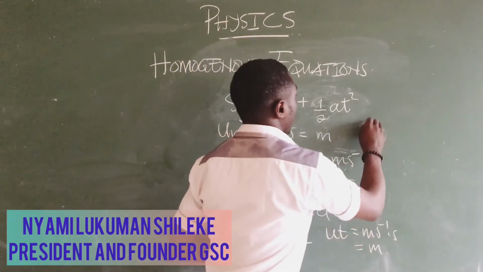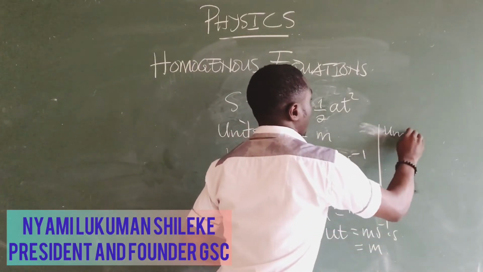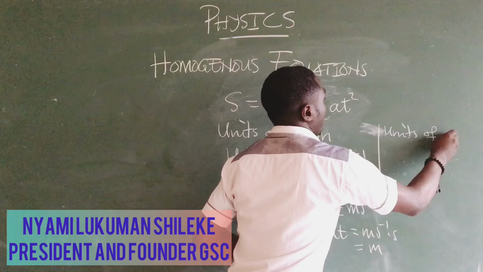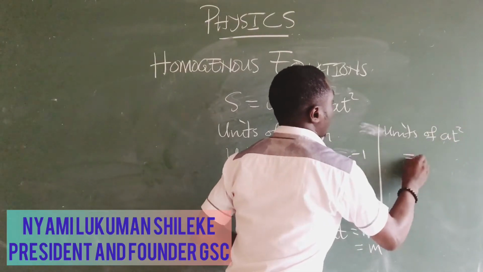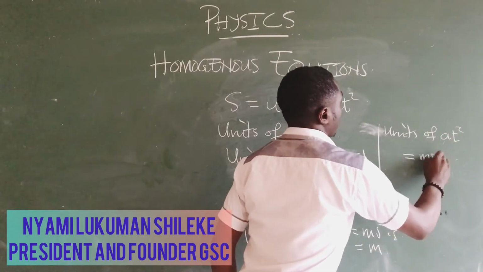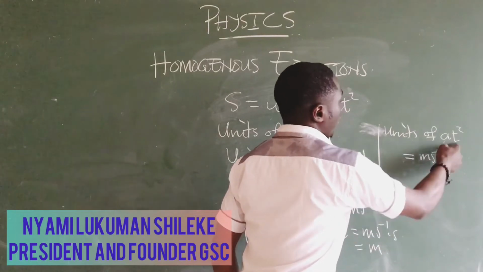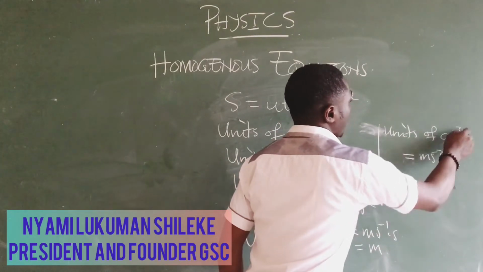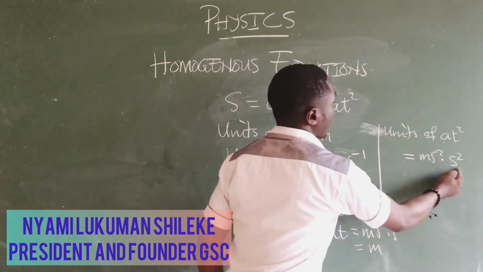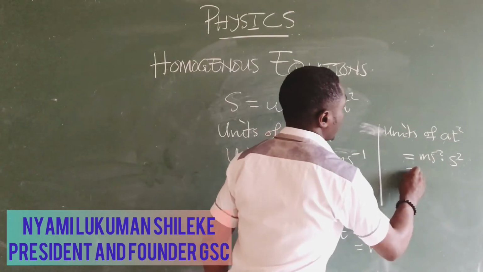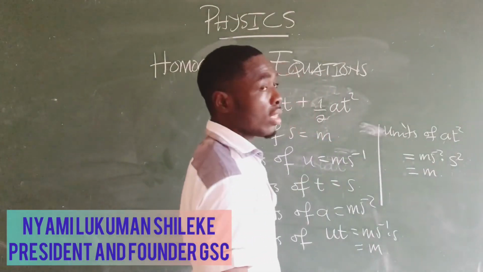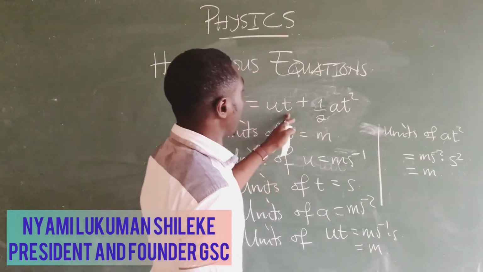Units of at squared is equal to meters per second squared times the unit of t squared, which is second squared. So second squared will take care of per second squared, and I'm going to be left with meters. You see that each term in the equation has the same unit.